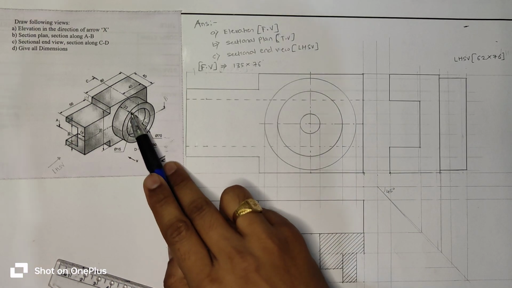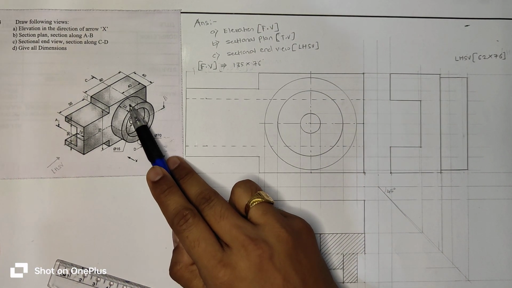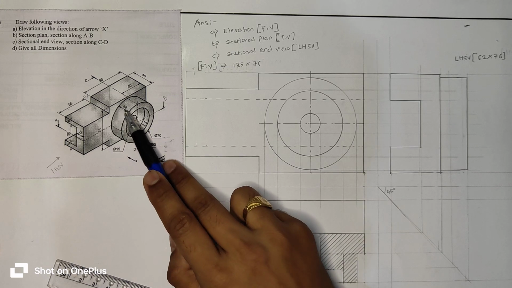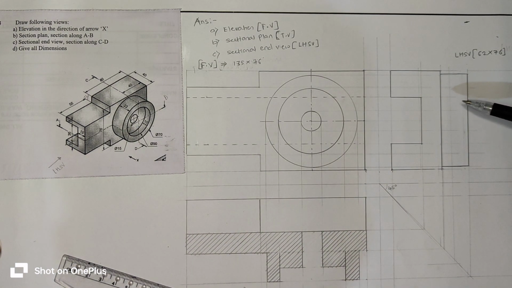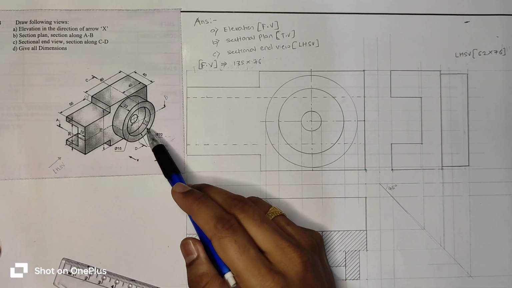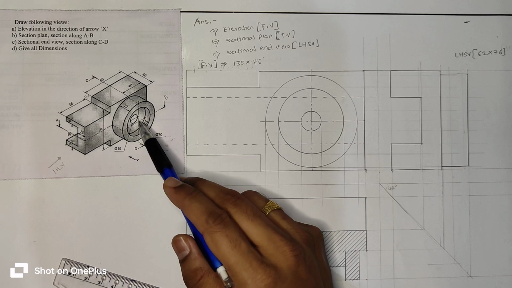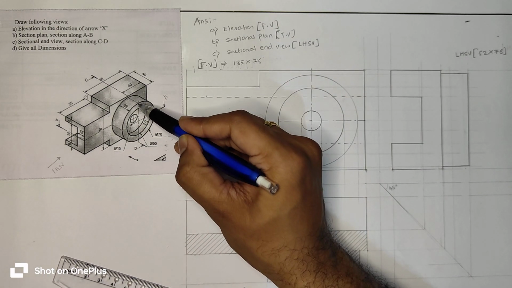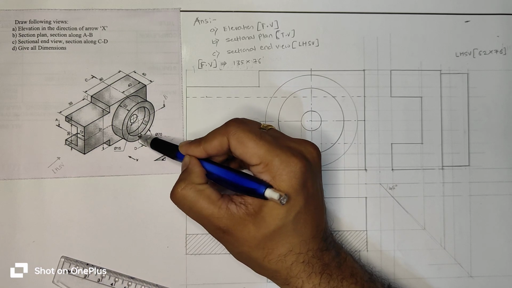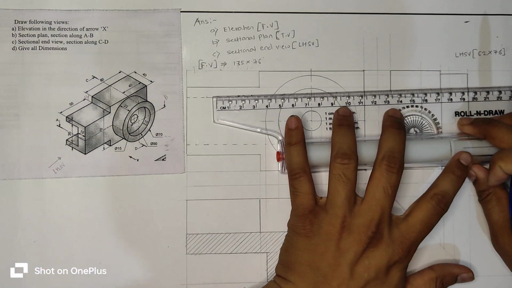Now this cylindrical part from LHSV, from the left hand side view, this cylinder will look like a rectangle of 22 width and 70 height, and inside of this cylinder there is a 10 mm gap, and there is again a small cylinder. So in LHSV we will only see this 10 mm width, and also this is hidden.